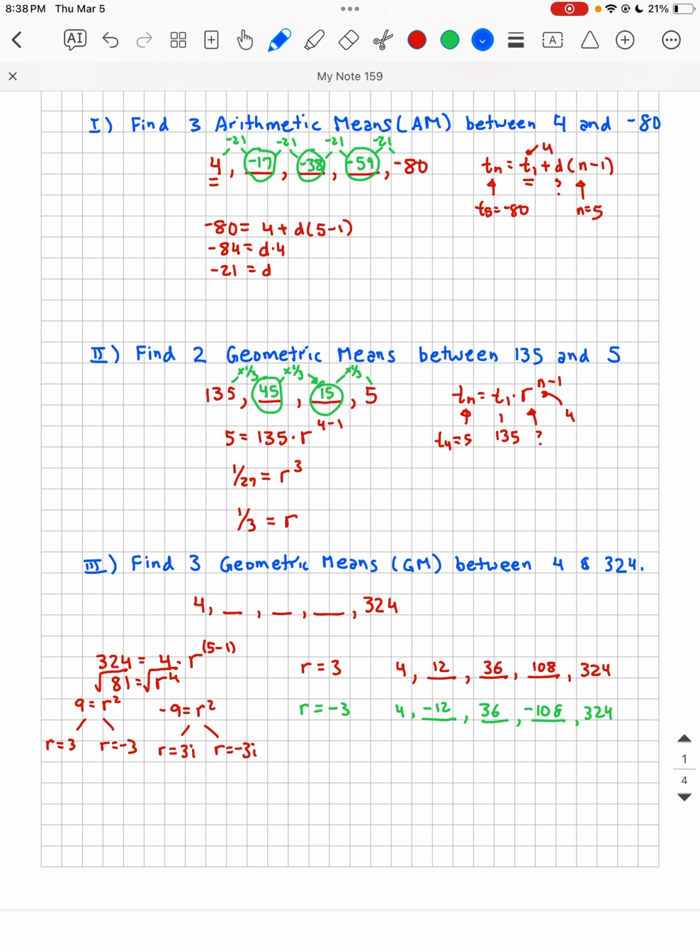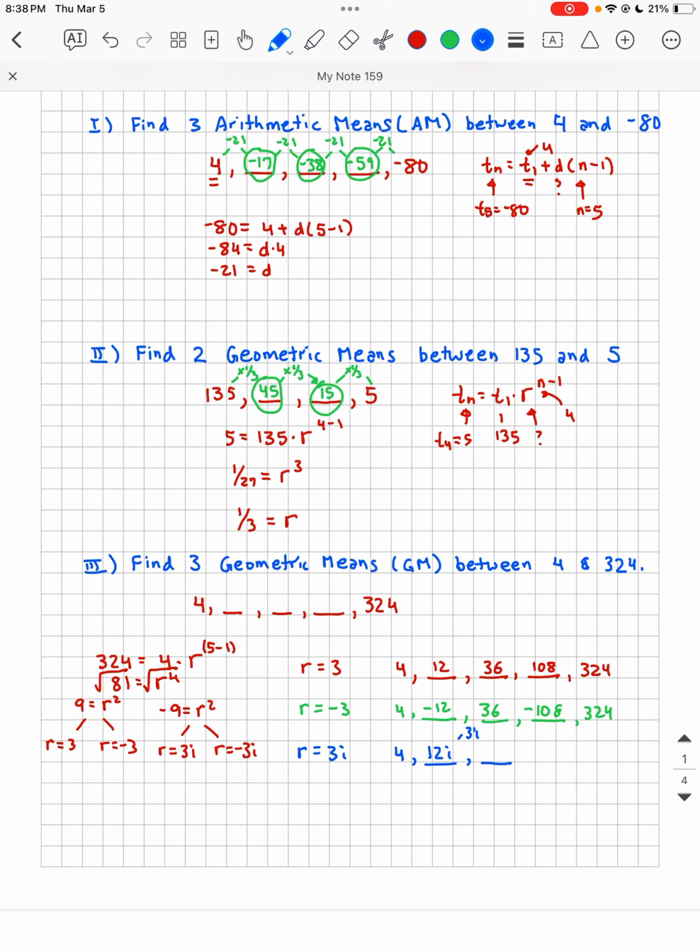Same deal when it comes to the imaginary part. When r is equal to 3i, this is where you have to be careful. 4, and then you multiply by 3i, you get 12i. Then if you multiply by 3i again, you are going to get 36i squared, which is the same thing as -36.